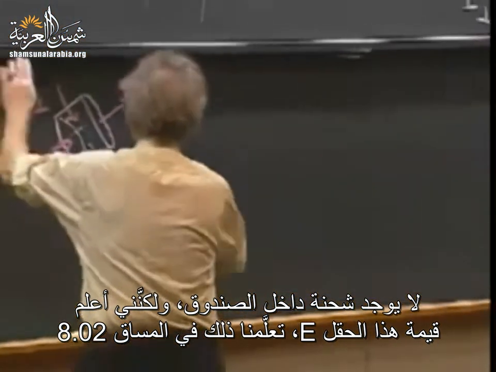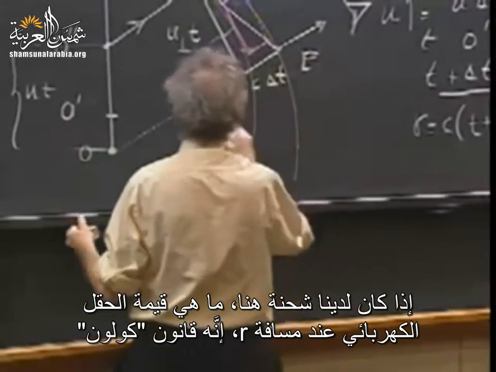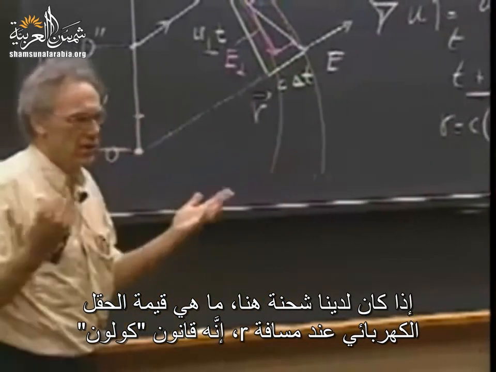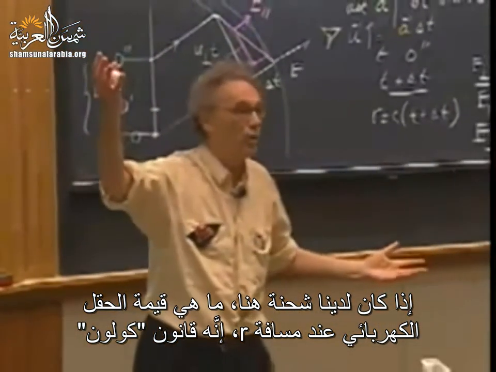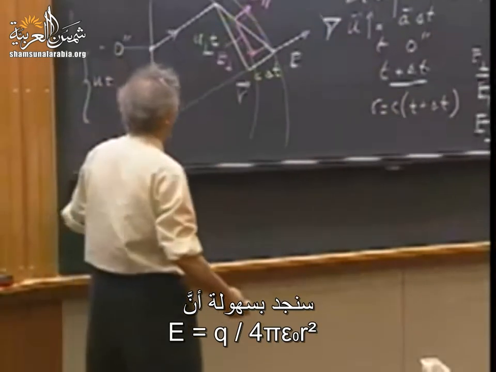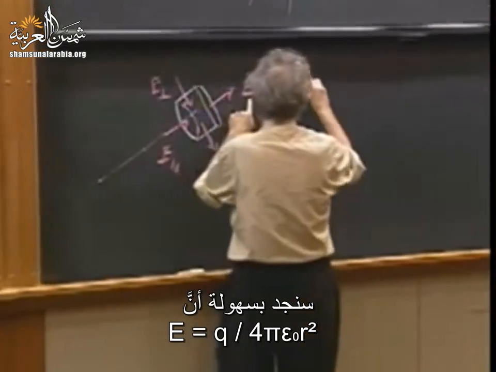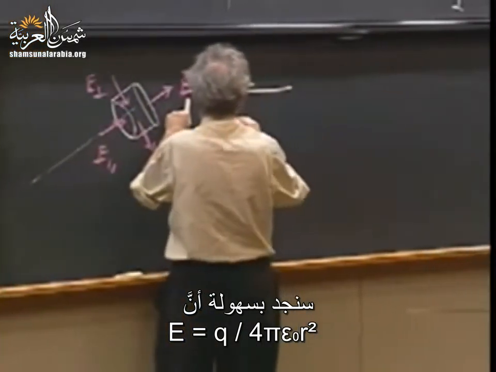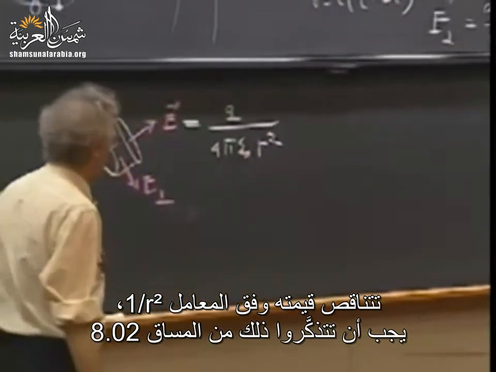But I do know what this E field is. That is 802. If someone tells you that I have a charge here, sitting there, what is the electric field at a distance r? That is Coulomb's law. Just as simple, it's not Coulomb's law, it's a Gauss law. But in any case, you will find very easy that this E vector is Q divided by 4 pi epsilon 0 r squared. It falls off as 1 over r squared.